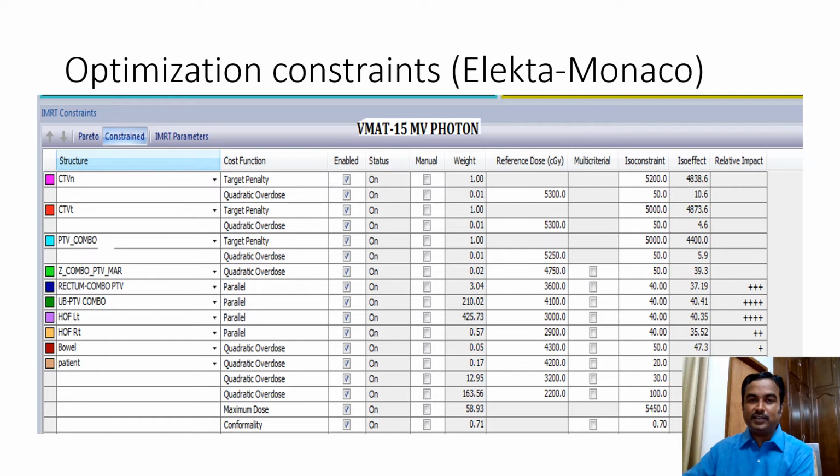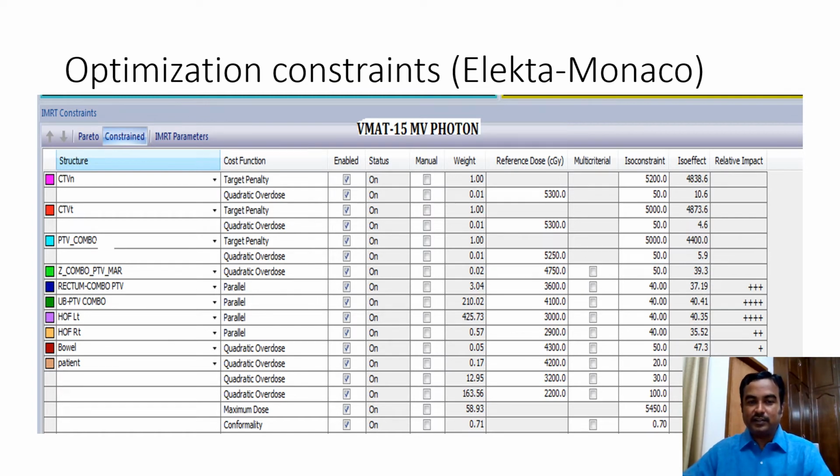Because with these optimizations, as we use multiple beams and arcs, if we are not giving proper attention to the low dose area, it may tend to increase, because in most clinical settings we will not go down to 10% of the dose and see. For example, if we are delivering 50 Gy, we will not go down to 500 cGy and see how far it is spreading.